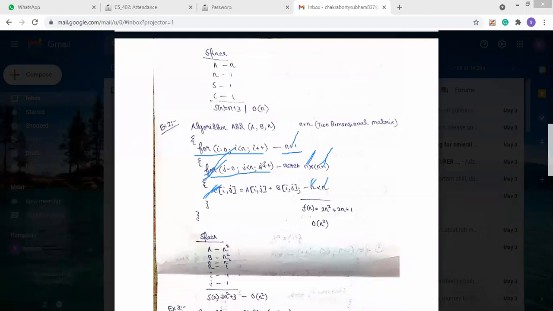We know that if a loop is executed, it will be executed n plus 1 times. That's why n cross n plus 1 we have written, and inside any loop it is executed n times. So that's why n into n.